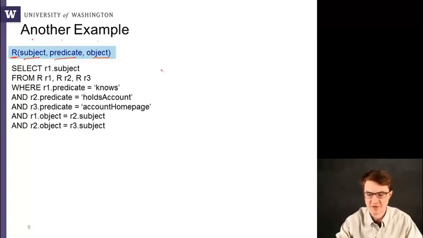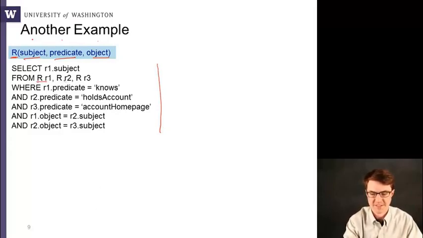Okay, and so here's a kind of complicated query, but what it says is I'm going to have 3 instances of the same relation, and I'm going to join them all up, and I'm going to look for a sequence of tuples such that we have a person who knows another person who holds the account of a company who has an account homepage of a particular value.